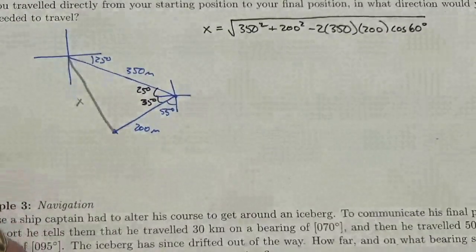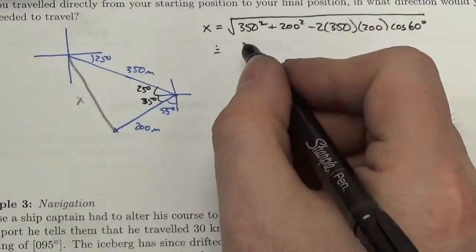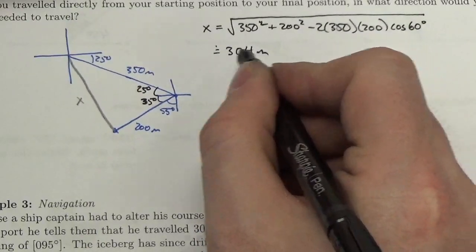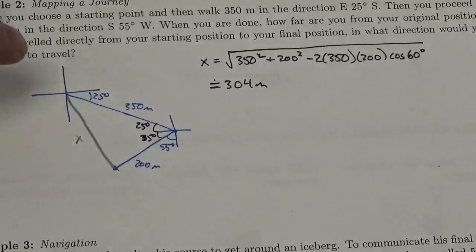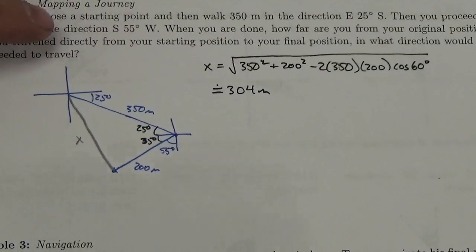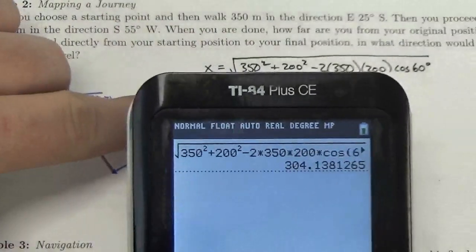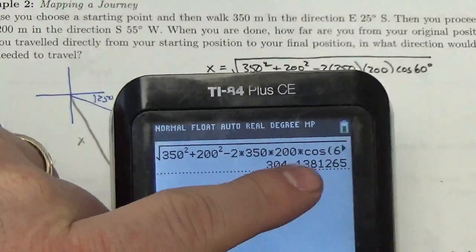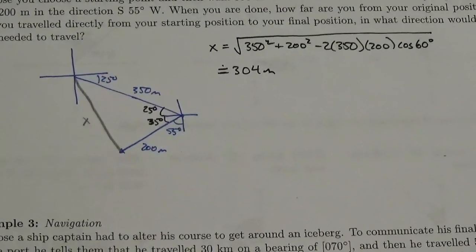So now, to the nearest meter, that said that we were 304 meters away. Now, I'm being asked to do something else here. I want to figure out what angle we're going at. We're traveling along here. So although I'm going to say that that's 304 meters, I'm going to leave this answer here still in my calculator. That's the one I'm going to use here in just a moment.